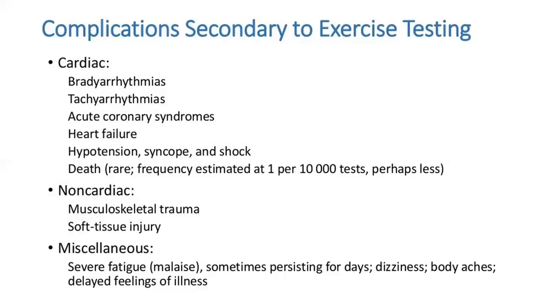Here are some of the non-cardiac complications also, which include musculoskeletal trauma. Now, what is musculoskeletal trauma? It is an injury that affects the bones, muscles, ligaments, nerves, or tendons, resulting in pain, and these are considered musculoskeletal injuries.